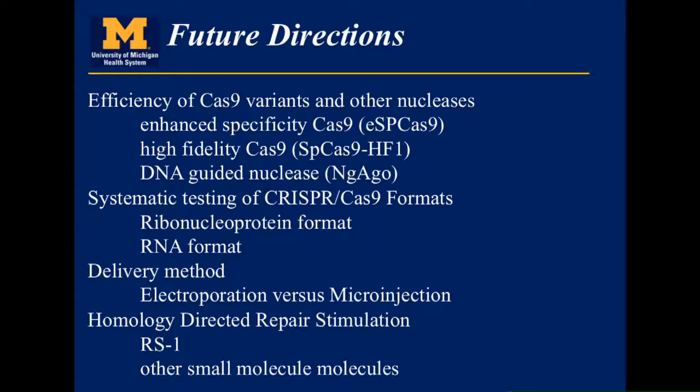So recent data is suggesting that RS1, a stimulator of RAD51, will actually stimulate homology-directed repair, and that's where a lot of labs now are pushing in the field. They're pushing on RS1, they're pushing on the Argonaute system.